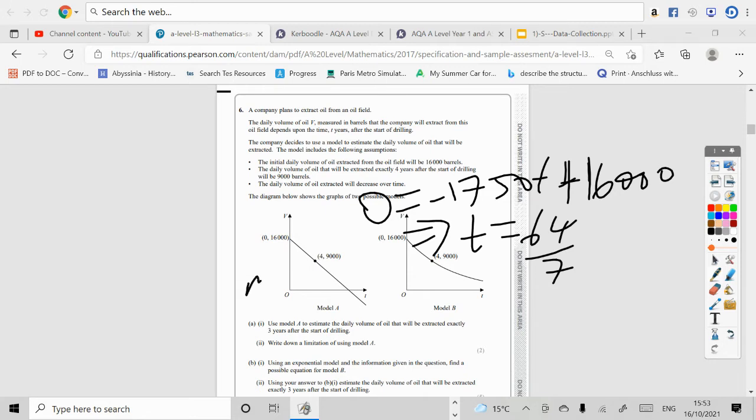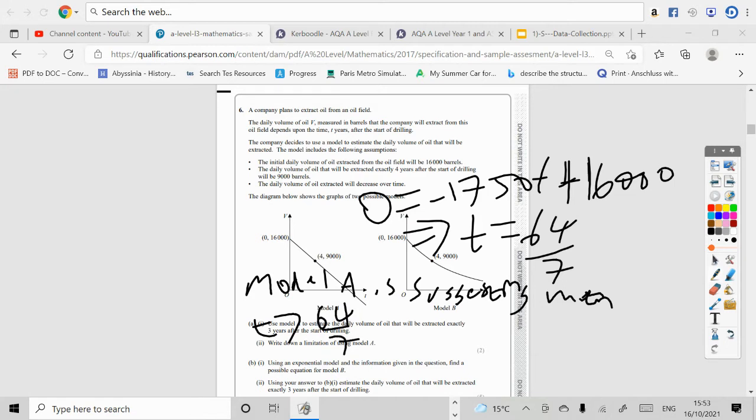So model A is suggesting when t is greater than 64 over 7, the volume is negative.